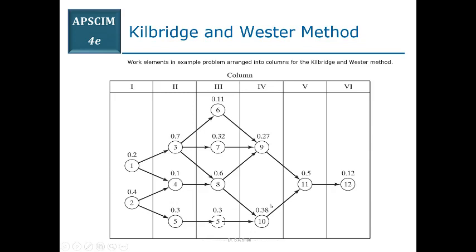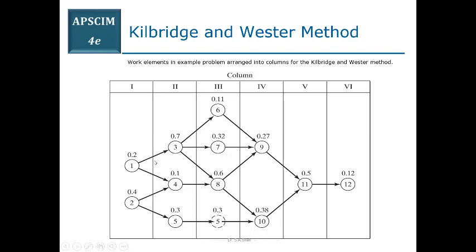So this was the precedence diagram, and you simply have to arrange those elements according to a column-wise distribution. Initially, the independent elements which do not depend on any other process will be collected in the first column.